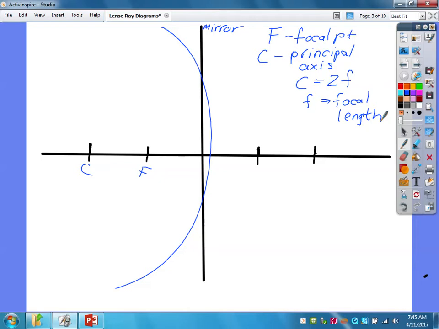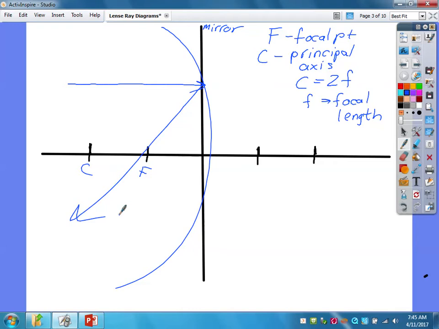Then the last thing we have to denote is, where will the real light go? Well, the real light, just as an example ray, is going to come in, hit the mirror, and reflect back through the focal point.